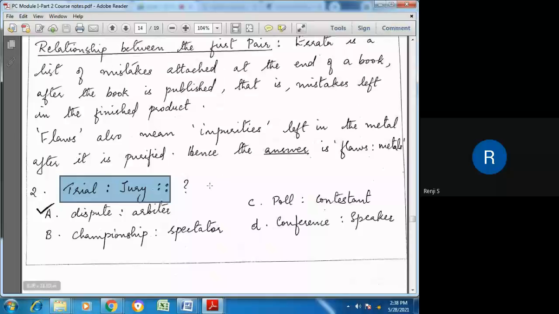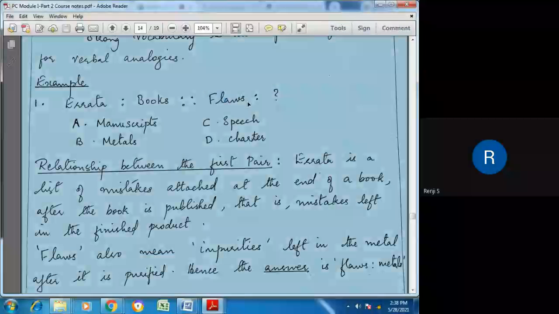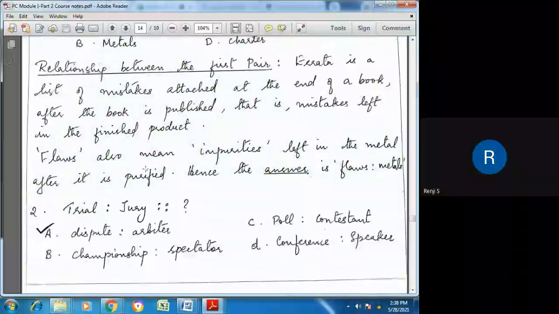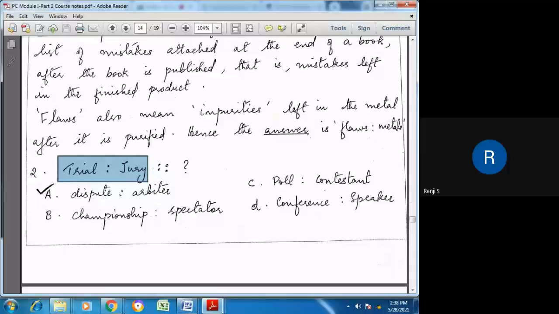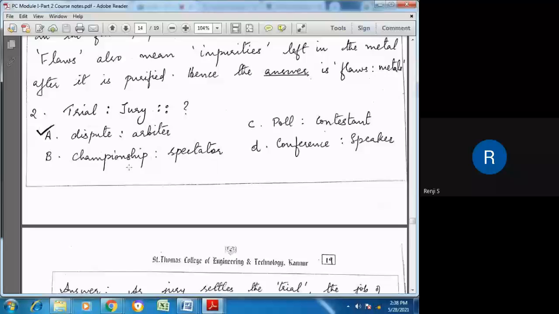Here we have to find out a pair, the second pair that has the same relationship. So here, this jury is responsible for settling the trial.